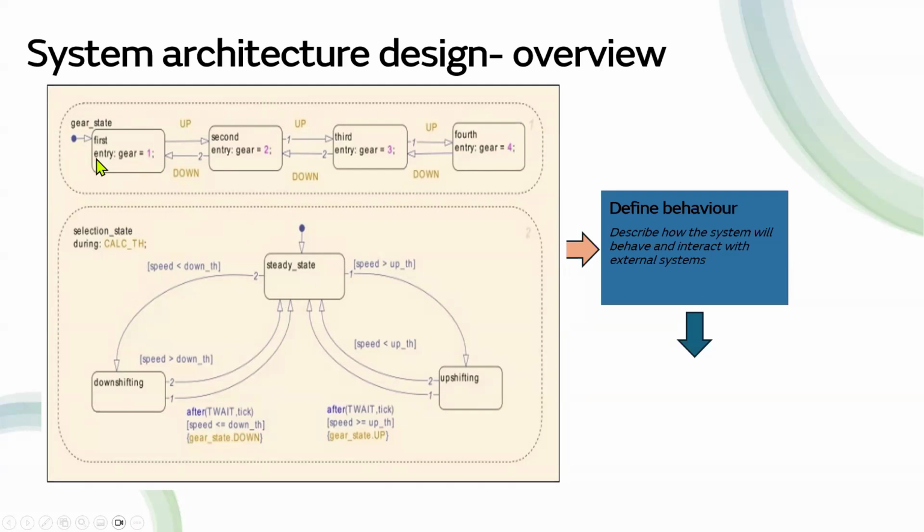You will have your first gear entry, second gear entry, where you are upshifting or downshifting. And here it shows you the mechanism on transition from shifting or upshifting. So those are the behaviors you define during your system architecture design.